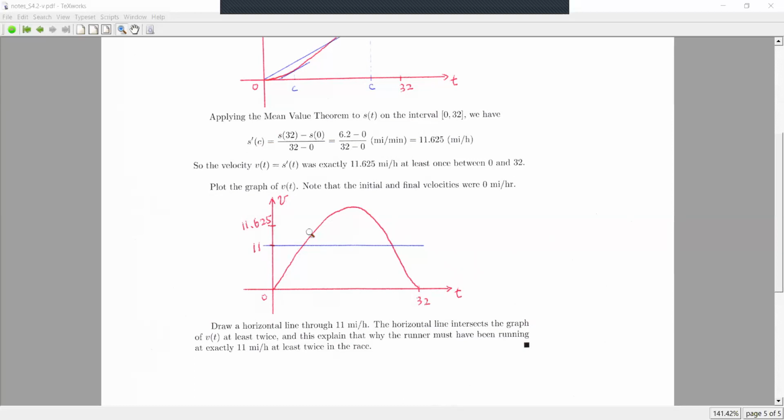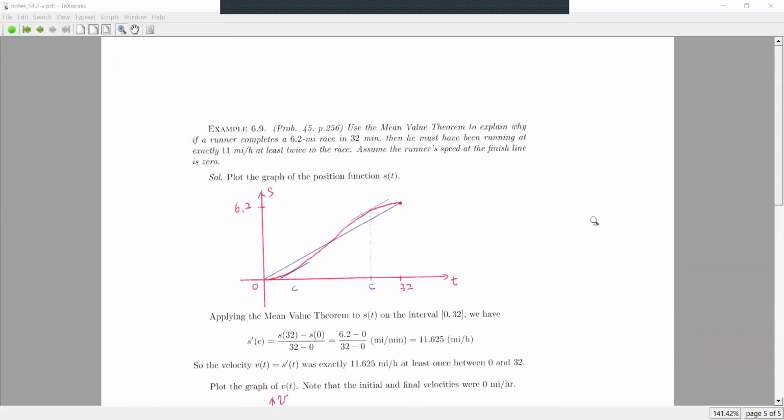So the graph of the velocity looks like this. Okay, now I can explain the question. The question is, the runner must have been running at exactly 11 miles per hour at least twice in the race.